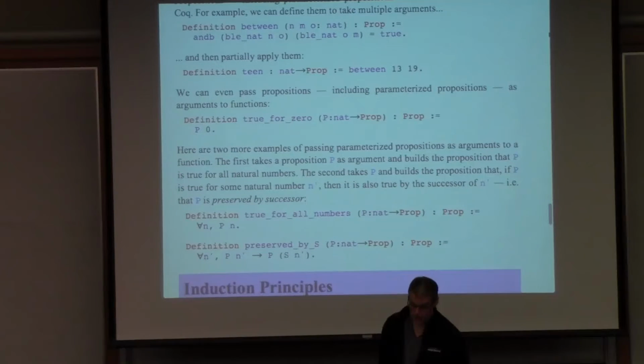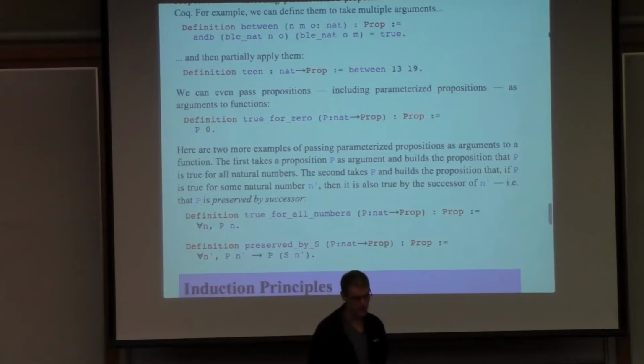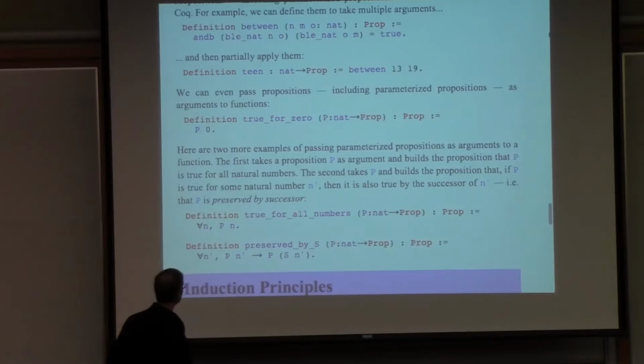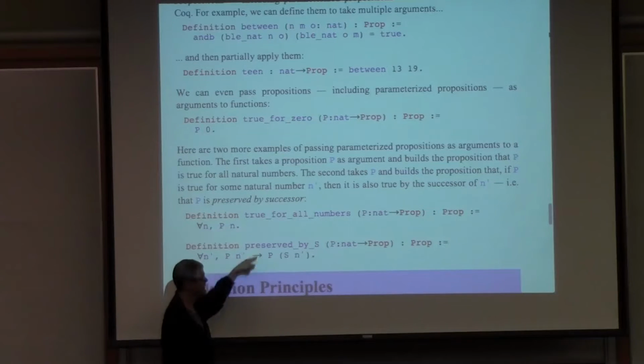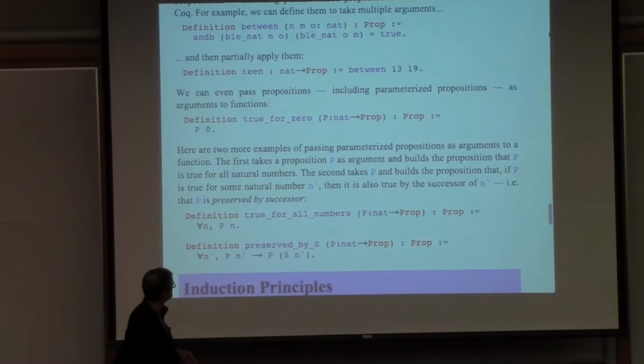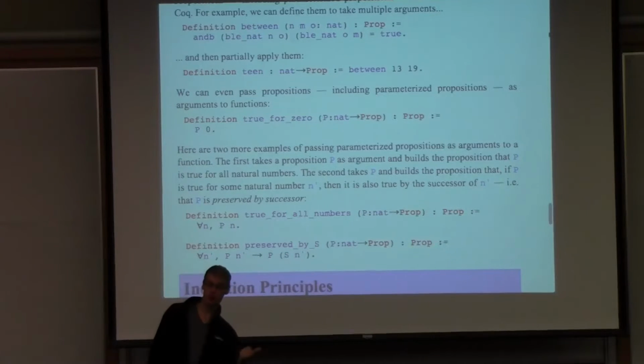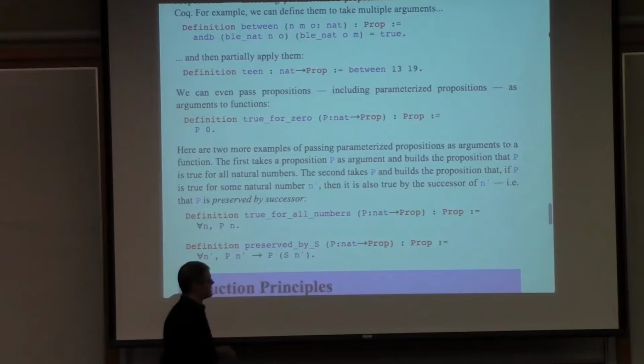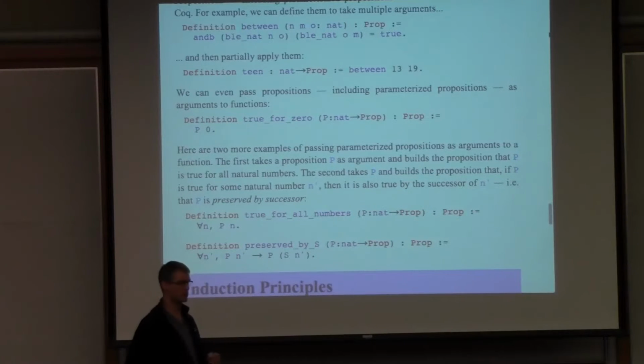We can define multi-argument propositions, and we can define higher order propositions. So here are a couple of parameterized propositions, parameterized on other propositions, that might look familiar to you.